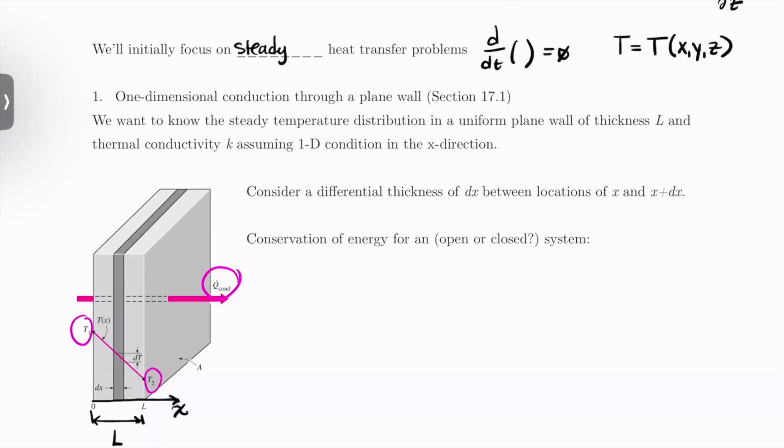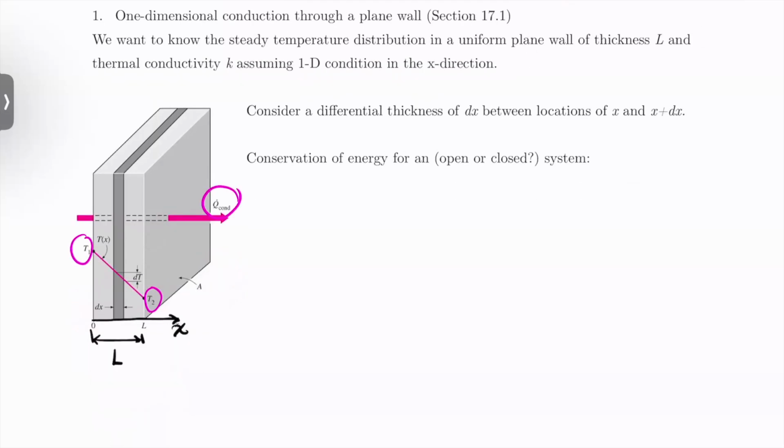All right, and so to do the analysis for this problem, we're going to take a little infinitesimal skinny slice of this wall of thickness dx, and we're going to place it between some arbitrary location x and x plus dx. All right, so essentially what I have here is I want to take this little slab.